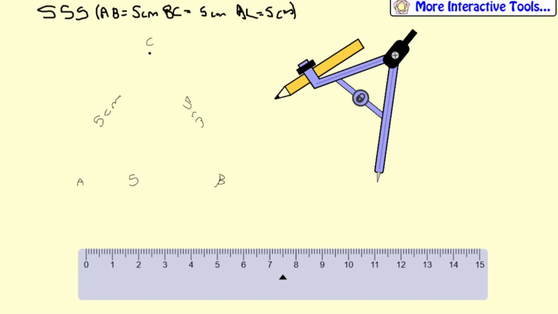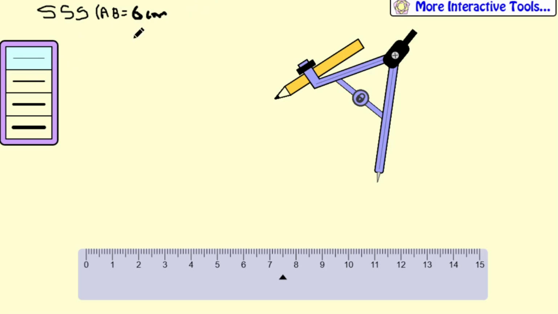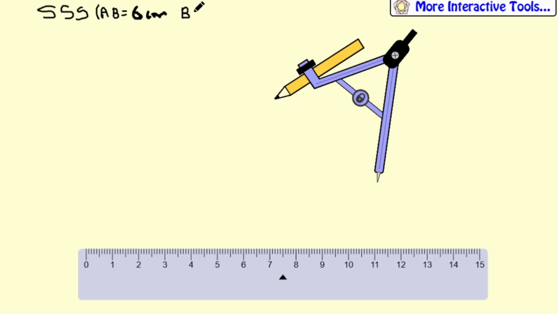Let us now try another side, side, side triangle or triangle given all three sides. So let AB be 6 centimeters, BC 7 centimeters, and then AC, let us make that one 4 centimeters.